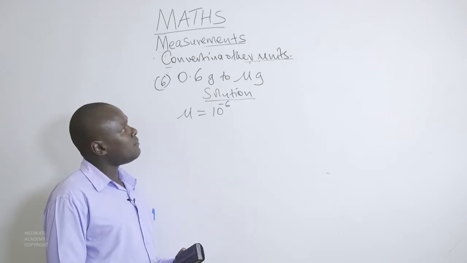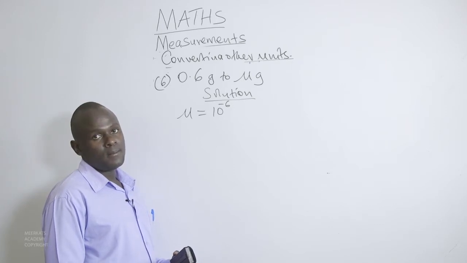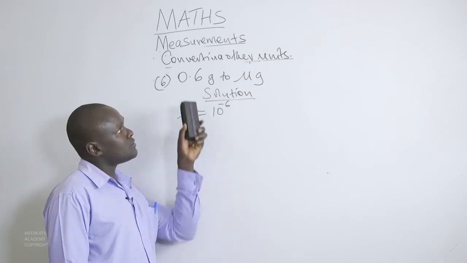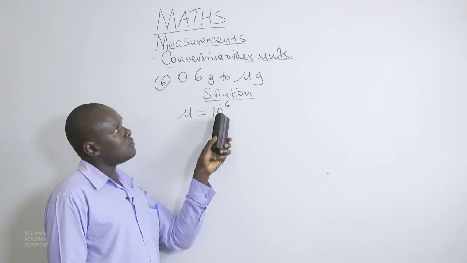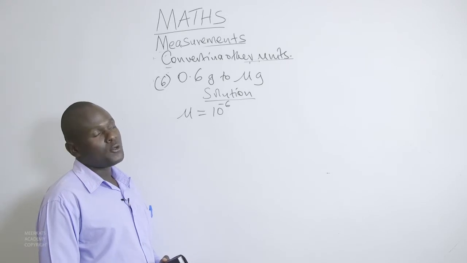So if we are talking about converting 0.6 grams to this, we want to convert this number of grams to micrograms.